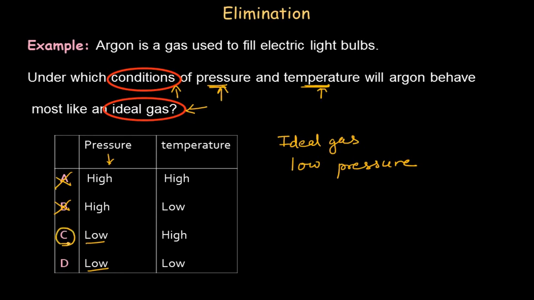Now you are left with option C and option D. Now look for the next condition, that is temperature. For an ideal gas, the temperature should be high.